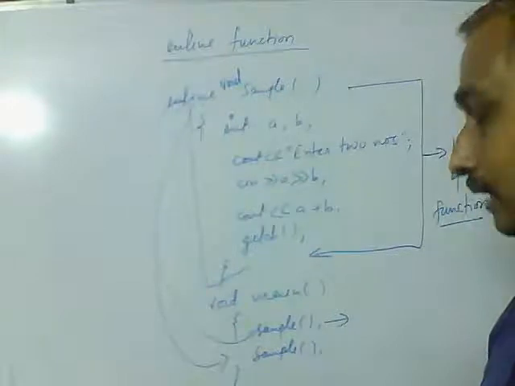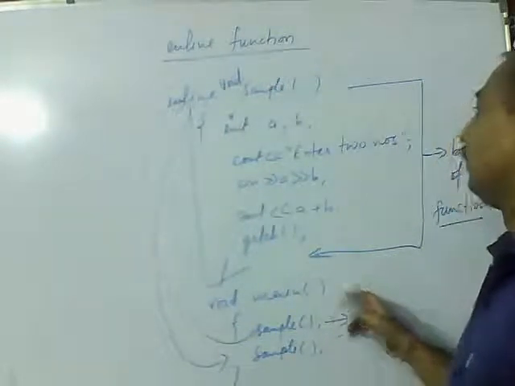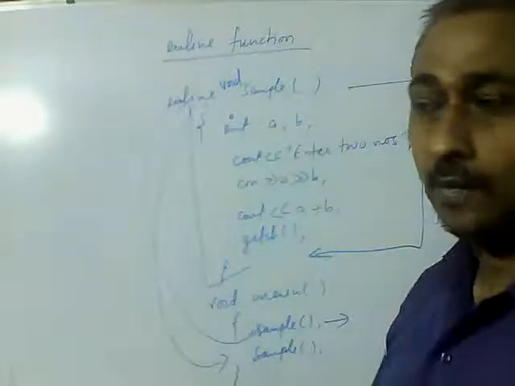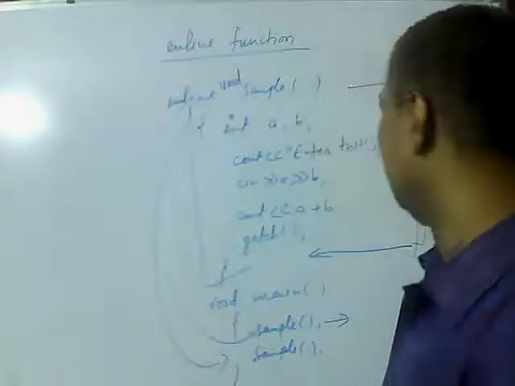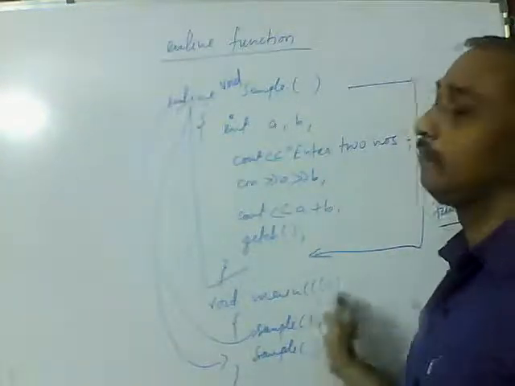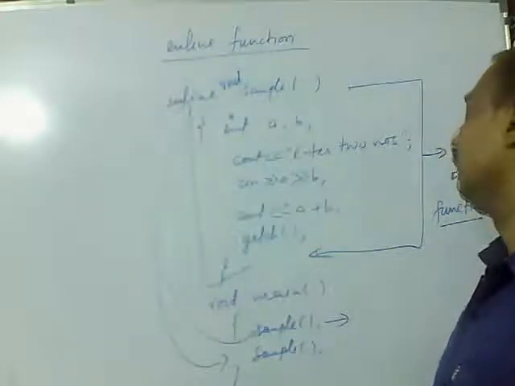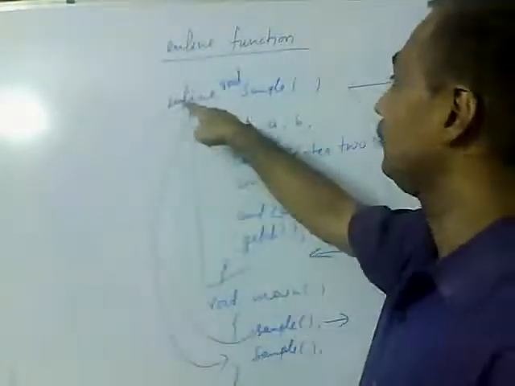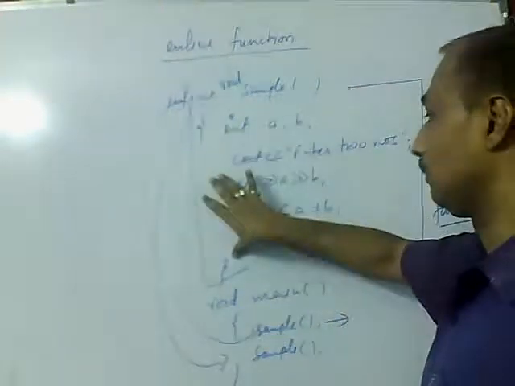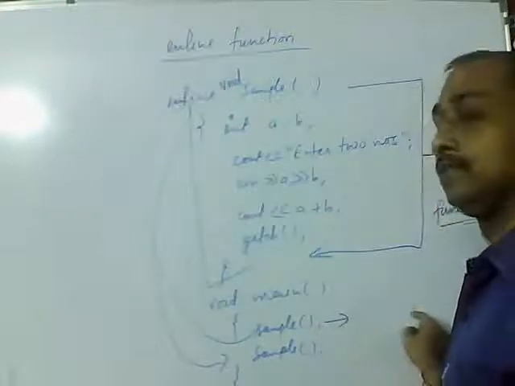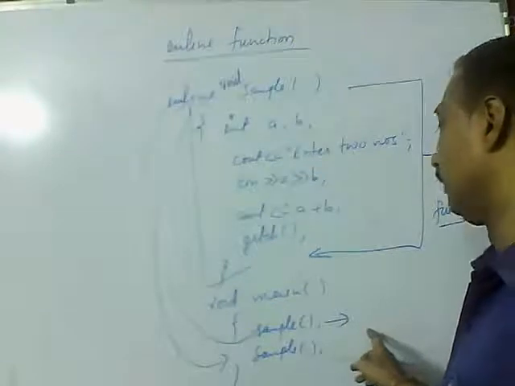That is called calling overhead cost, calling time, jumping time, and this can be reduced by making inline function. Whenever we are using inline function, this linking is not done, and because the number of statements is very small, they will be executed here only.